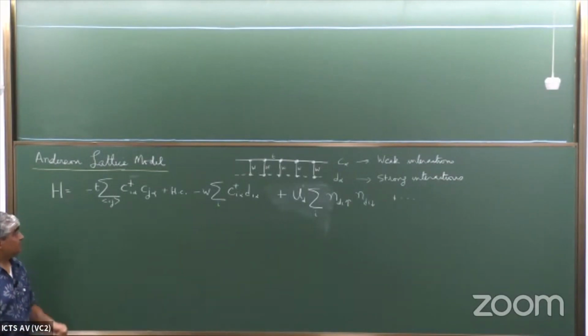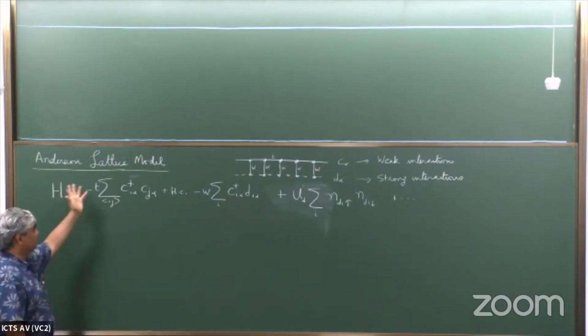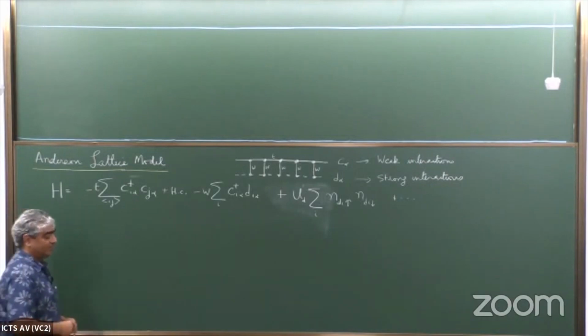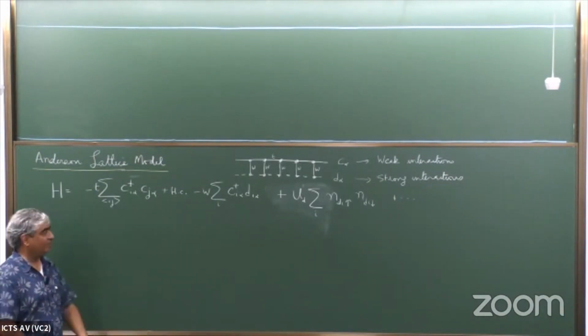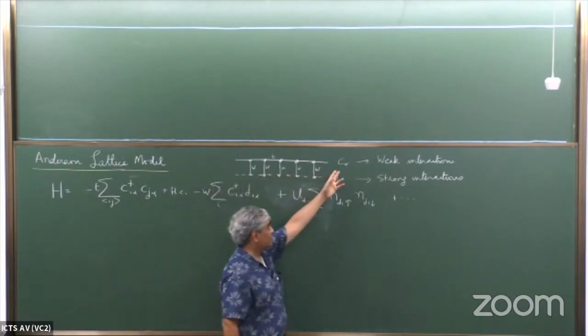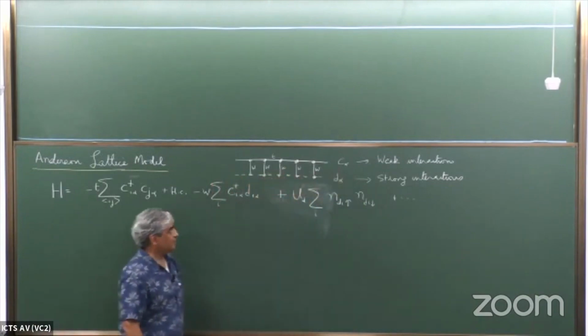All right, so the model we're considering is the Anderson lattice model. It's supposed to be just a general model of electrons which are moving in 2 bands. So in some compound, like say, uranium beryllium-13, you have the C electrons, which are called the conduction electrons, which are, say, on the beryllium atom.